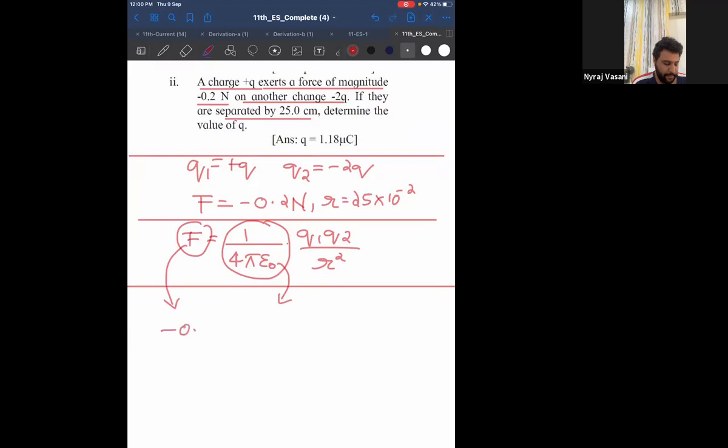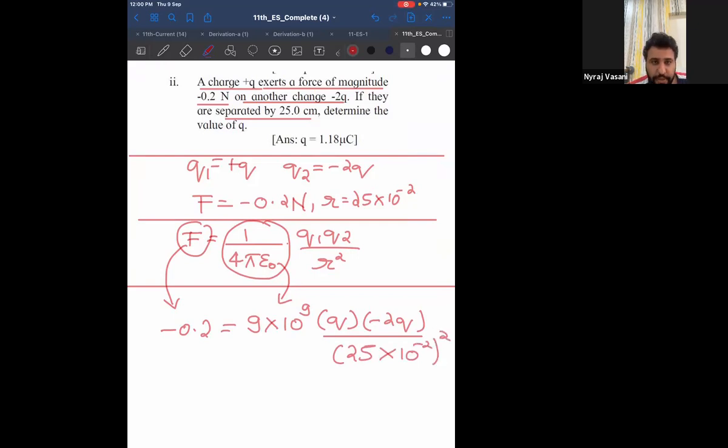Minus 0.2 equals 1 by 4 pi epsilon naught, which is 9 into 10 power 9, into Q1, which is plus Q, into Q2, which is minus 2Q, upon R square, which is 25 into 10 power minus 2, the whole square.